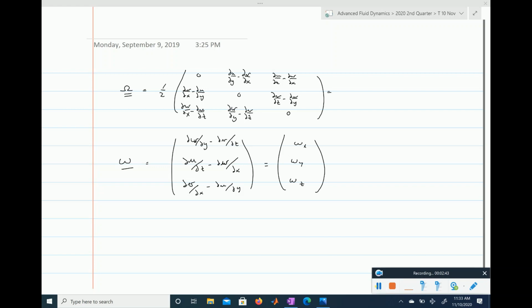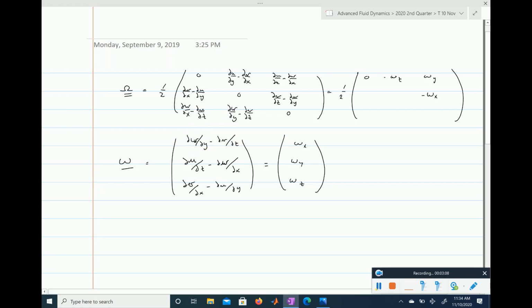And so you recognize here that when you write the vorticity tensor, this component here is minus omega z. This component here is omega y. And this component here is minus omega x.